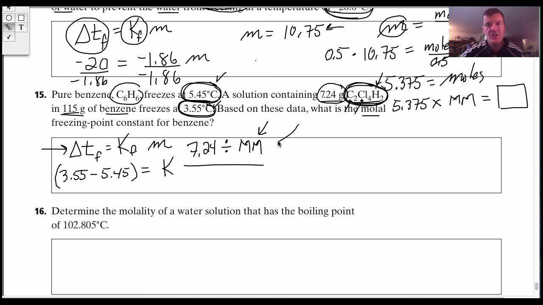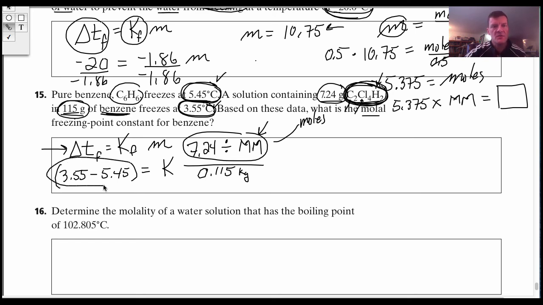This is going to give you the number of moles of this solute. Then you're going to divide that by the kilograms of the solvent, which is the benzene. Change that to kilograms by dividing by 1,000, so it's 0.115 kilograms. Okay? So what do you have?